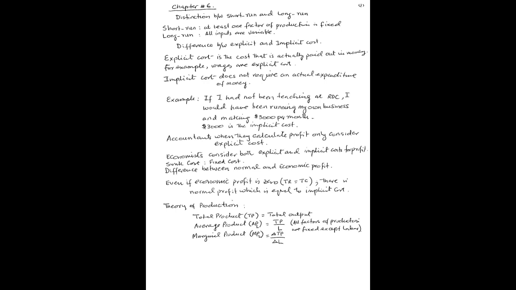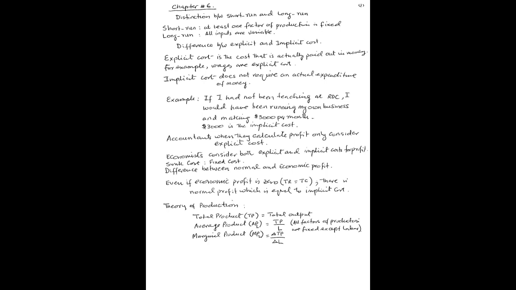Let me give you an example. Although this lecture is a bit old, that is why I wrote RDC. Actually, now it's RDP. If I had not been teaching at RDP, Red Deer Polytechnic, let's assume I would have been running my own business and making $3,000 per month. So this $3,000 is my implicit cost. That is, the cost of teaching at RDP is $3,000. I haven't received this $3,000. This is not an out of pocket expense or revenue, but this is my opportunity cost basically.